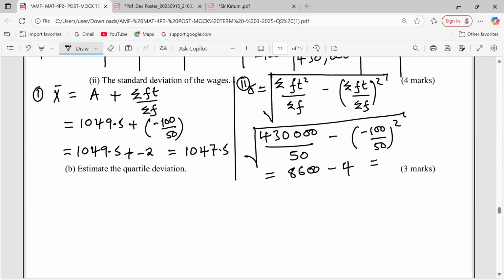This will be 8600 minus 4, giving us, remember the square rooting, the square root of 8596. The square root shall give us 92.7. This is now the standard deviation.